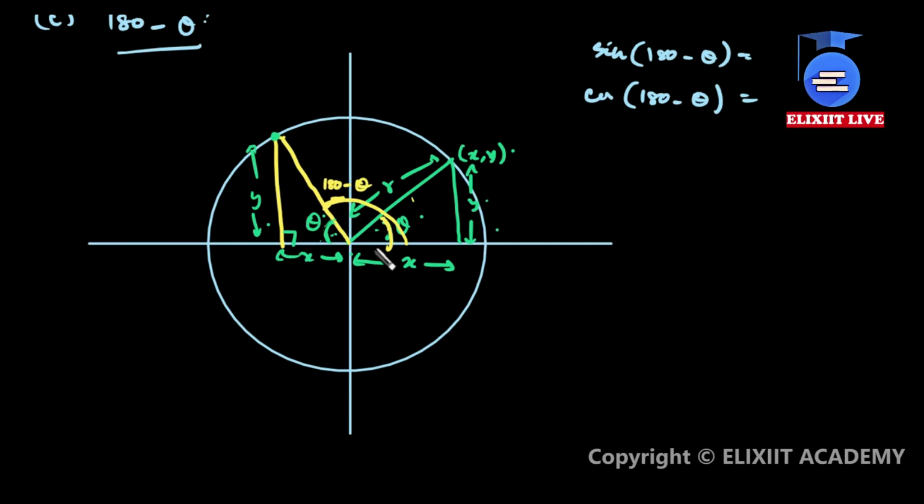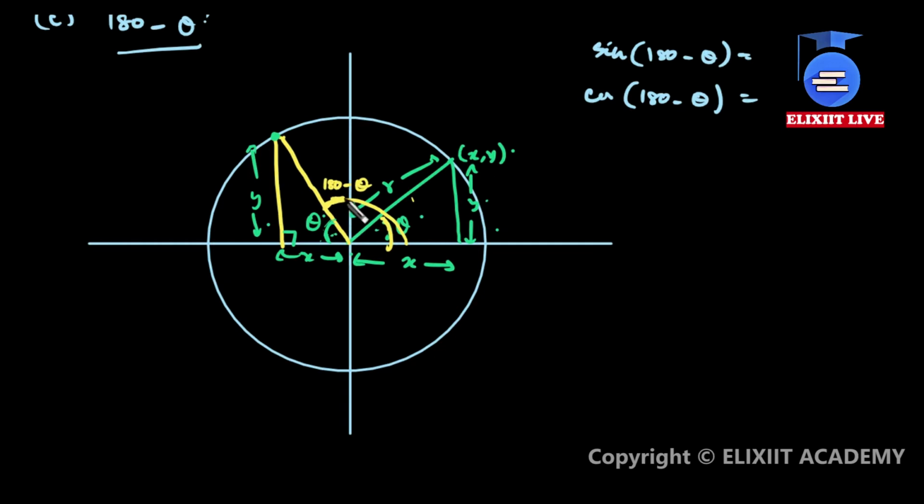Otherwise the thing is very simple. Either you locate in this manner, or you can first create theta and then figure out what 180 minus theta is. That is also fine. Anyway, same idea: total is 180, so something less than 180.